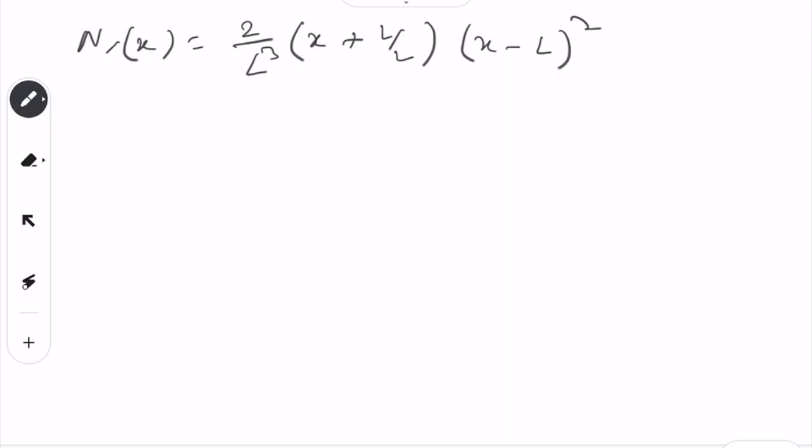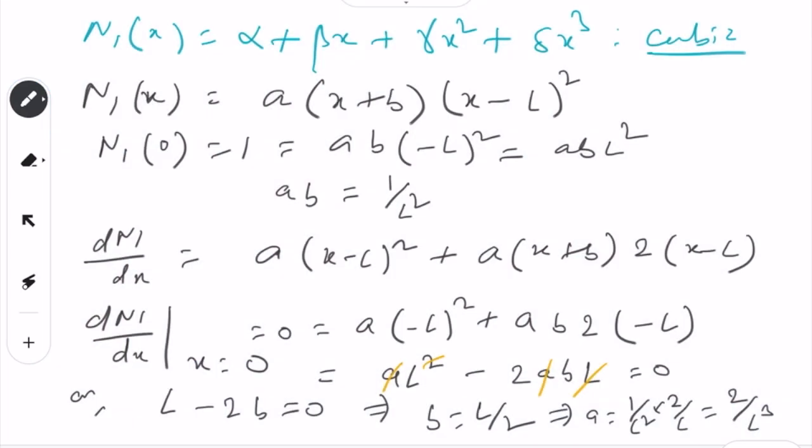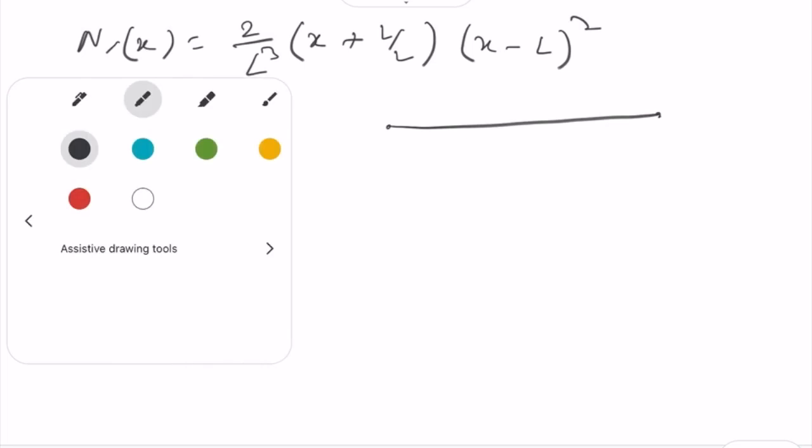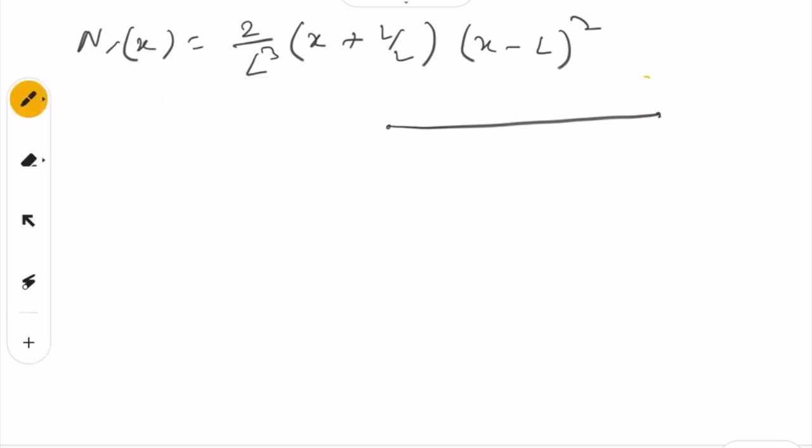Similarly, for n2 we can do the analysis. For n2 we see this kind of shape, which is just the opposite basically. So n2 will be 1 here, and this will go like this.